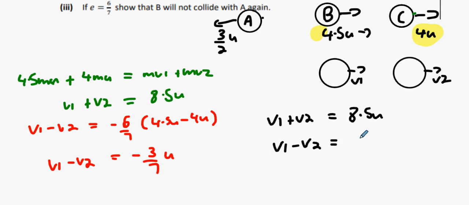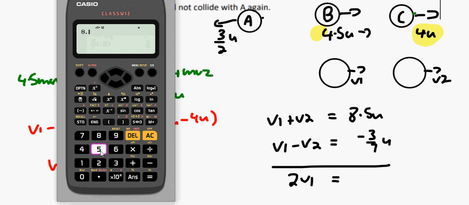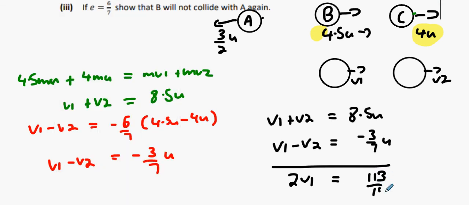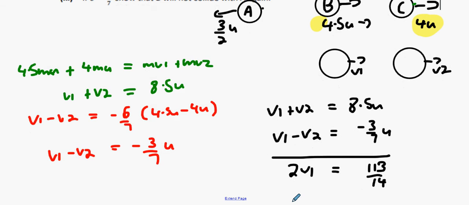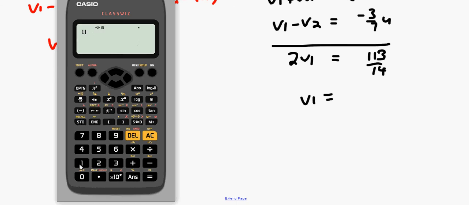So sometimes it's good to know that and save yourself a bit of time. 2V1, I'm going to let the calculator do all the work: 8.5 minus 3 over 7 is 113 over 14, and then divide that by 2. V1 is 113 divided by 14.